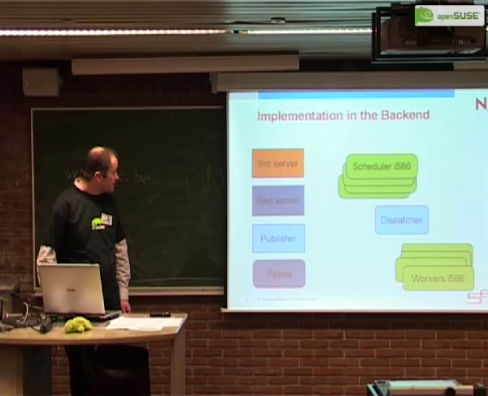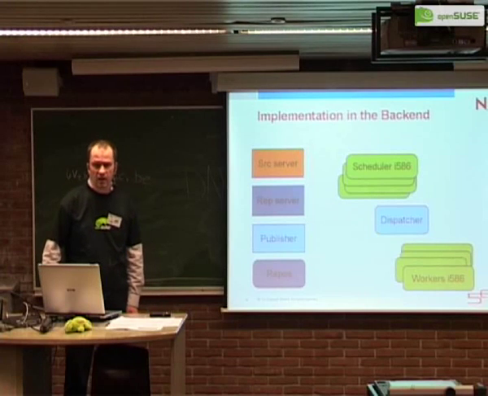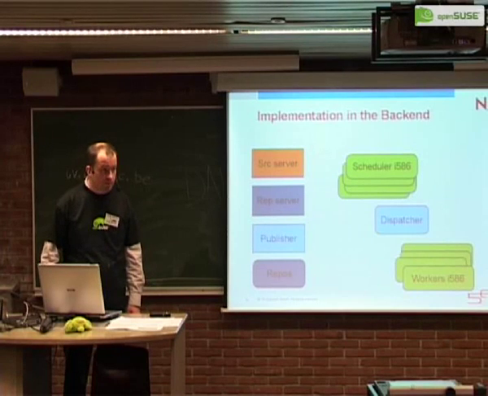The source server was one of the components we didn't even touch. It's responsible for doing the work when you check in a package in the build service. It handles the source revisions.